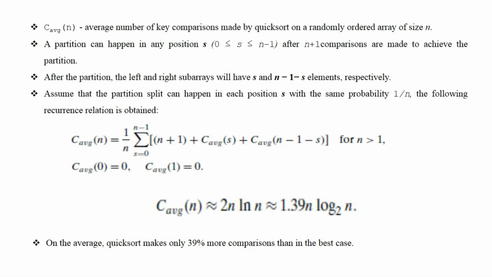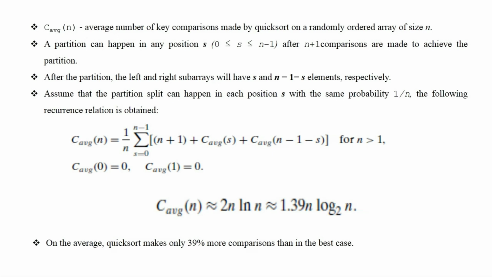So if we solve this, C average of n is obtained as 1 by n into summation for values of S from 0 to n minus 1, n plus 1 comparisons plus comparisons for sorting the subarray with S elements and the remaining subarray, that is n minus 1 minus S, for n greater than 1.